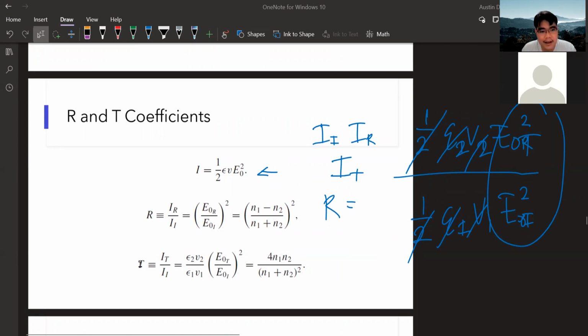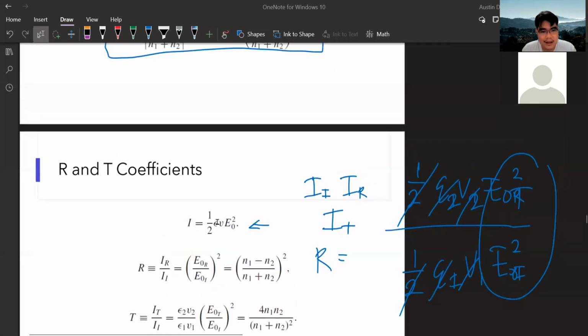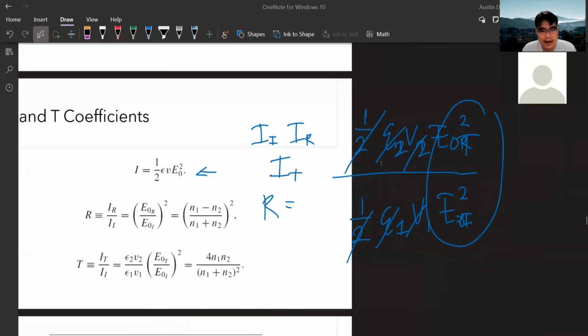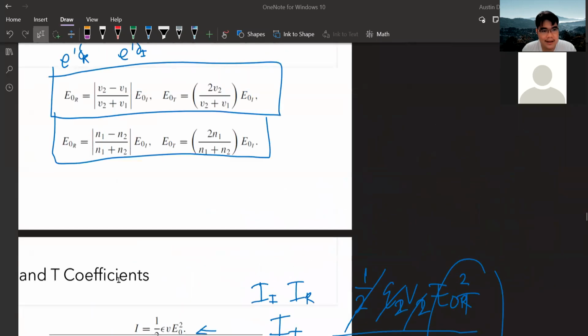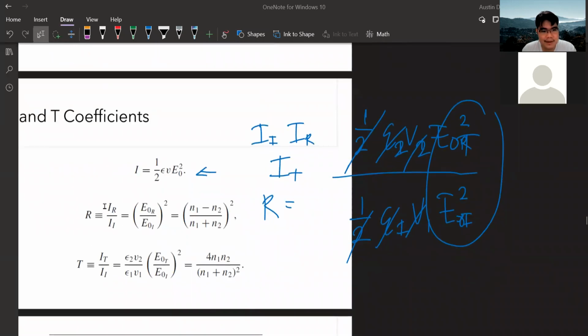And then for T would be the transmitted over the incident. Okay, so doing this, magka-cancel lang yung epsilon mo tsaka V mo kasi at the medium 1, parehas lang yung E mo tsaka yung V mo. Tama ba? Kasi parehas to nasa medium 1, di ba?